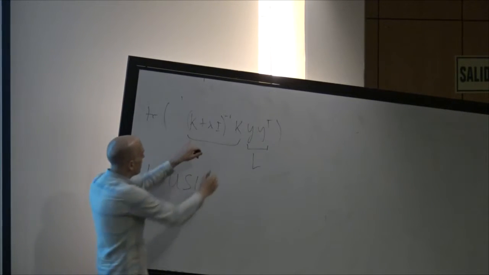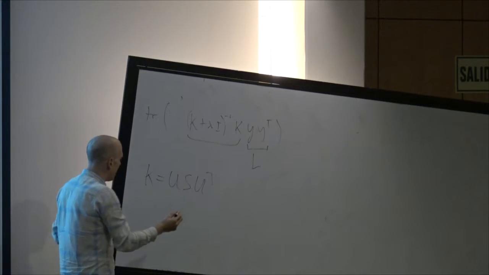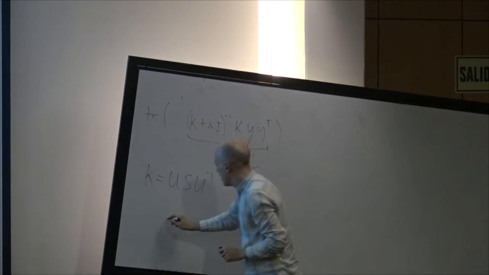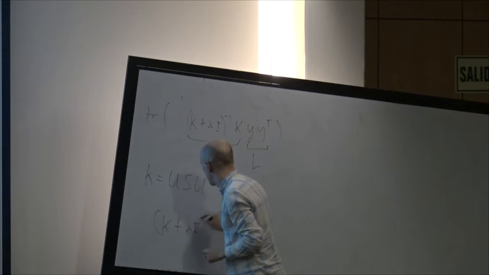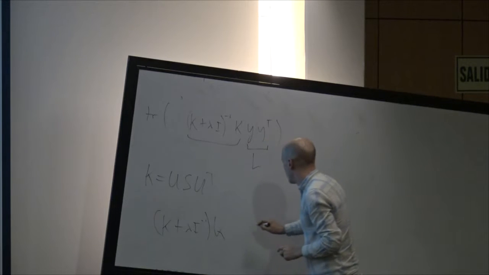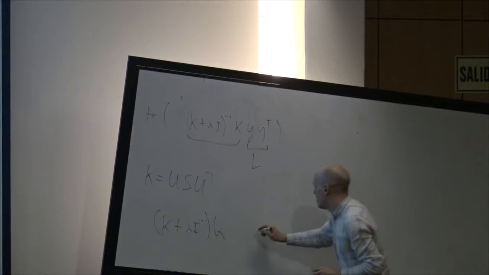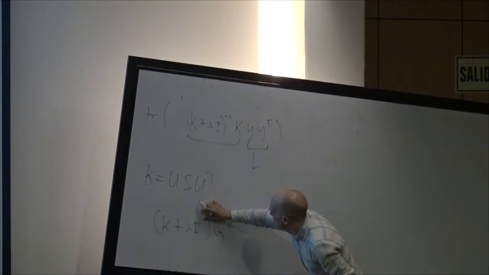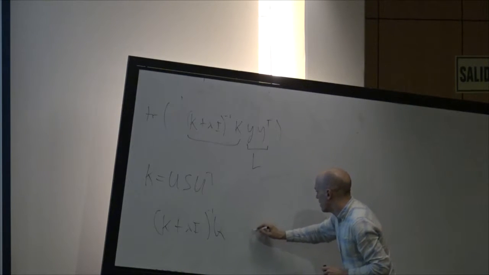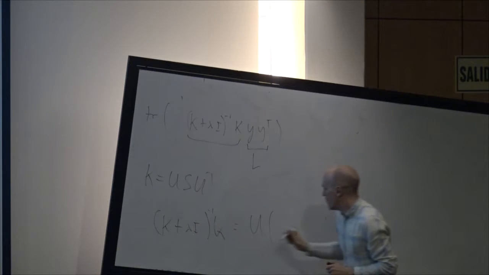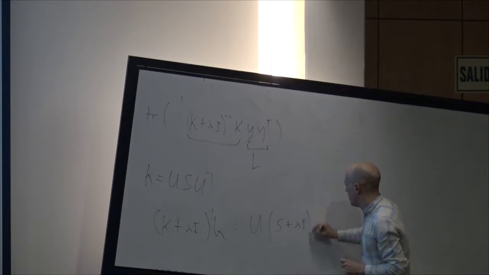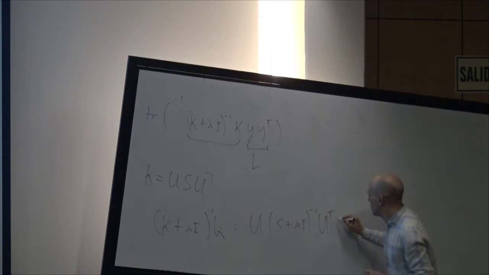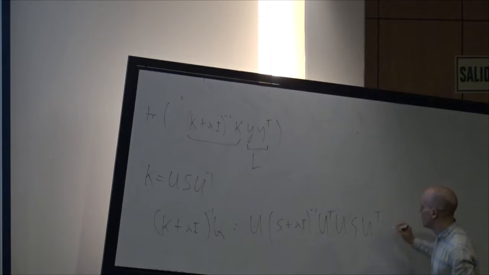So when I do this (K plus lambda I) inverse times K, what this looks like in SVD land is: U, and then I've inverted this matrix, so I've got (S plus lambda I) inverse U transpose U S U transpose.